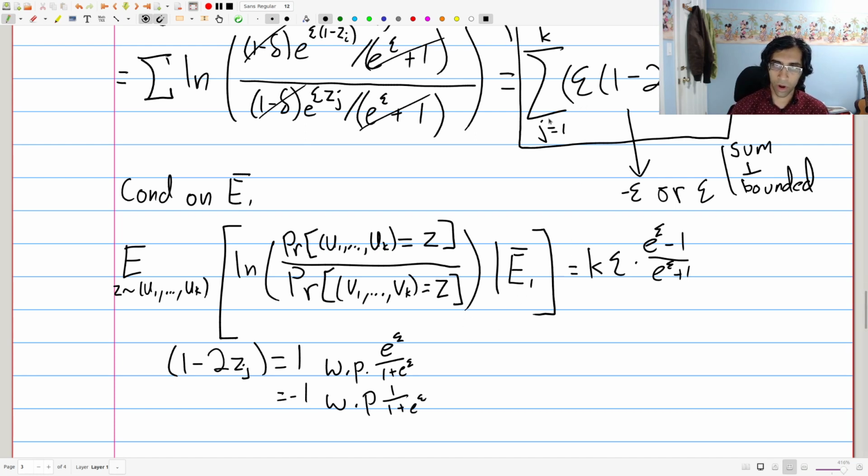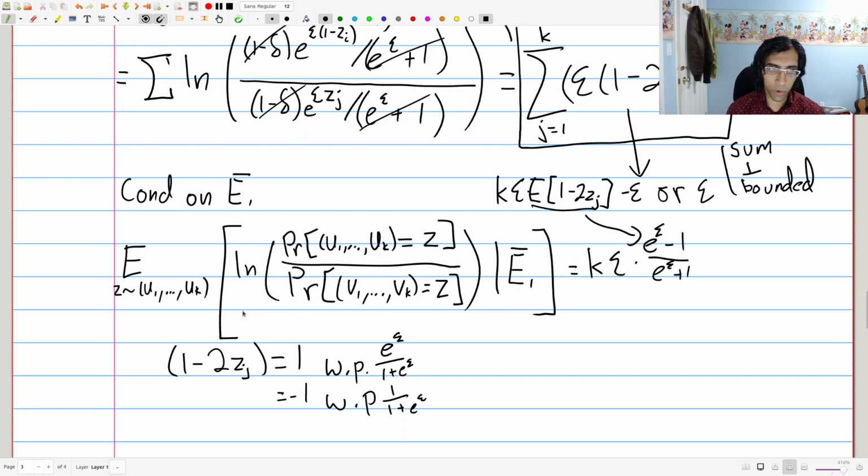And so all we're doing is pushing this expectation through into this expression. Then we have here that the expectation is equal to k times epsilon times the expectation of 1 minus 2 zj, which, if you just work it out, is equal to this, using this calculation here.